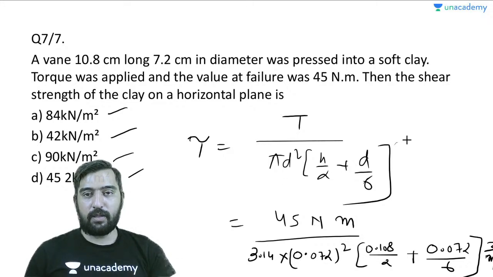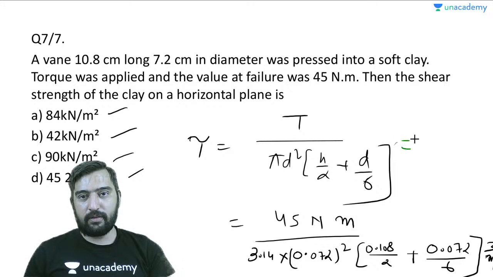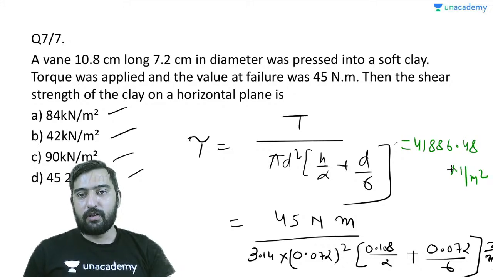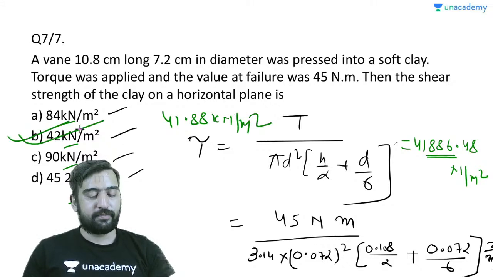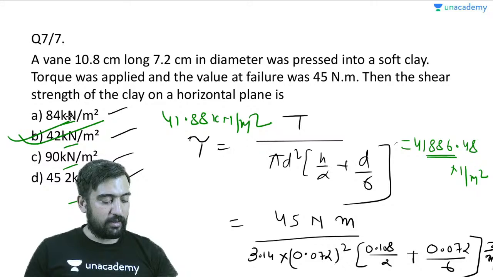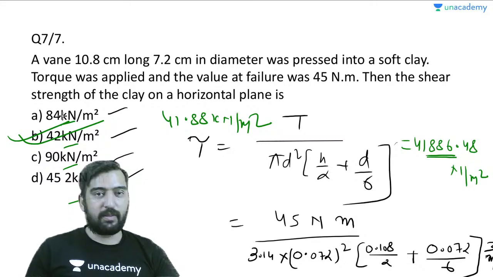Yeah, it is coming out to be how much? 41,886.48 न्यूटन पर मीटर स्क्वायर. So 1000 से डिवाइड कर दो, किलो न्यूटन में आंसर आ जाएगा. And 41.88 is none other than option B. Yes. So B is the final answer.